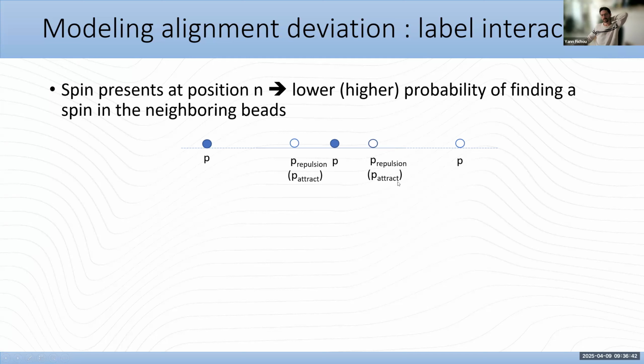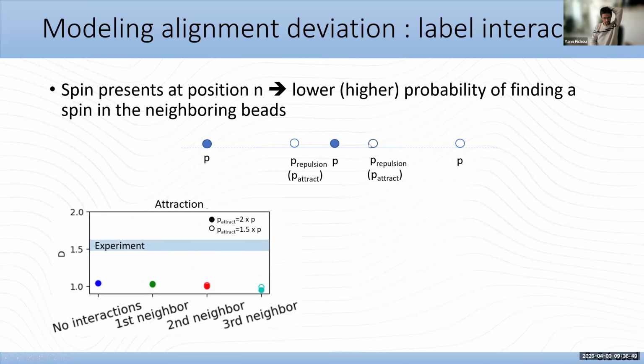Or if you want to simulate attraction, then you increase the probability of having a neighbor at n+1. Then we do all the things we did before: the PFR, simulate the dipolar signal, and fit it with this equation to extract the D parameters.